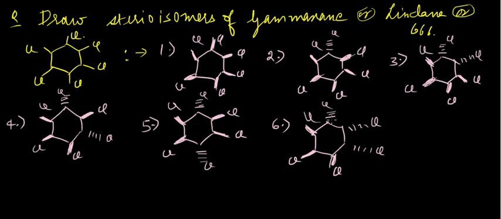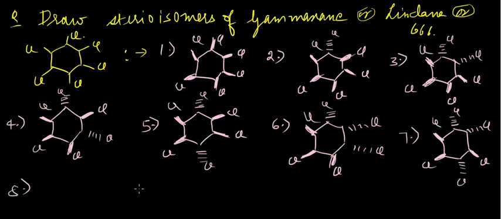Okay, seventh one can be changing the relative positions of three chloro atoms which are not above the plane. Again we can change the positions, something like this.